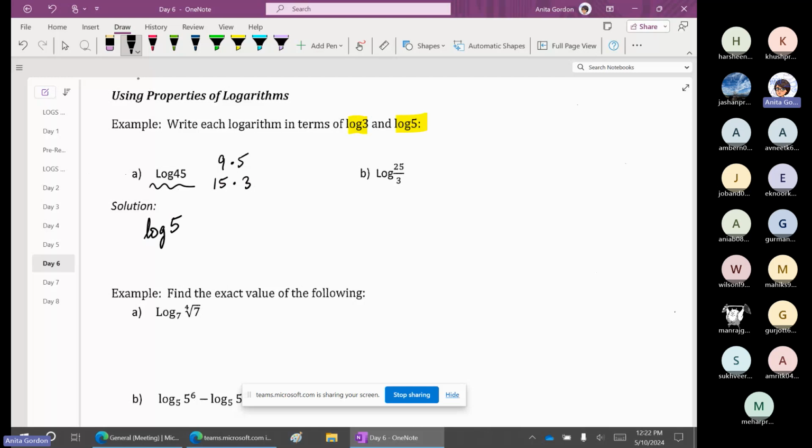Log 5 plus, almost. I could do 2 log 3s, right? So you could write it as log 3, adding them, right? Or you can say, okay, 9 is 3 squared, so I've got 2 of them. Okay, what about B?